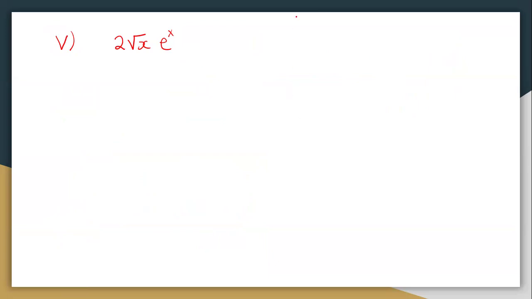Now, when you look at what we have, you can easily tell that for this particular one, you are going to need what we call the product rule, because here we have two functions we are multiplying. We have this as our function and we have this as our function. So we are going to let one of our functions be u and let the other function be v.